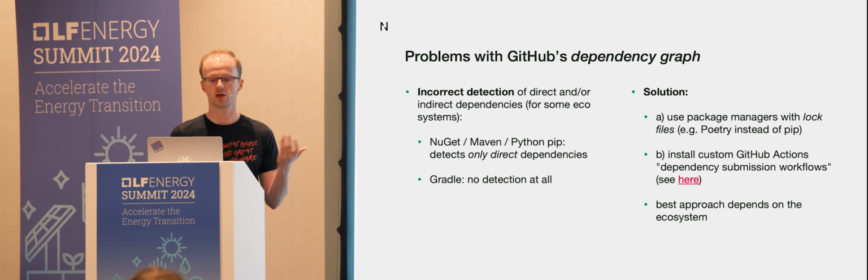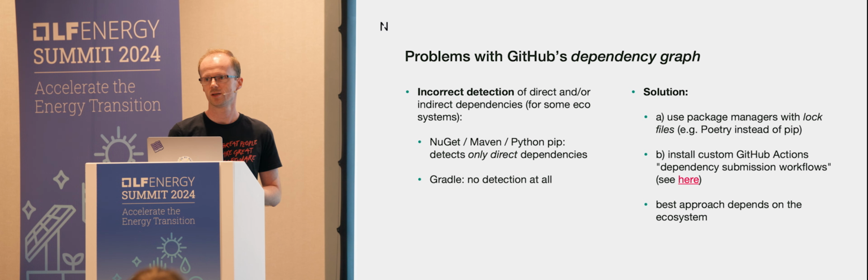For instance, if you are using .NET, Java with Maven, or Python with pip, then it will only detect the direct dependencies. Even though you have indirect ones, they are not part of the dependency graph by itself. You have to help. I will get into how, but you have to do something. If you use Gradle, your dependency graph is empty. Not ideal.